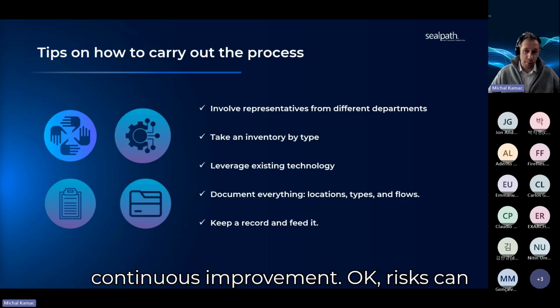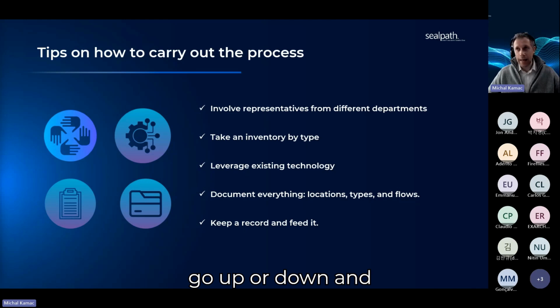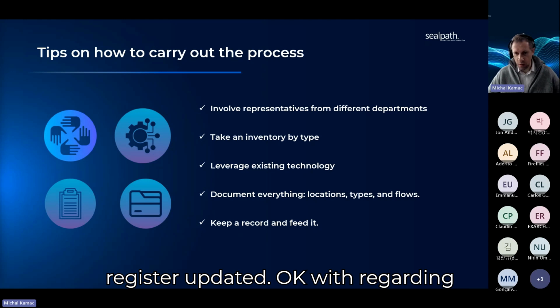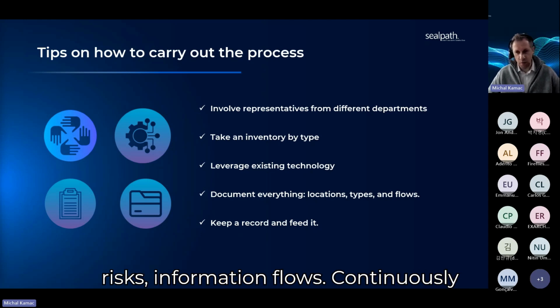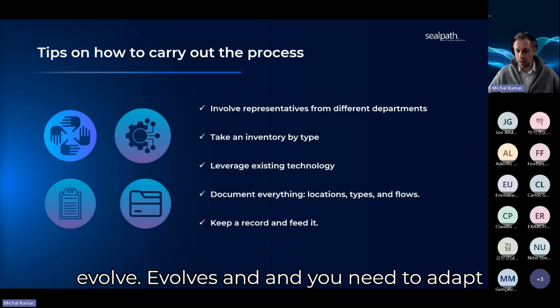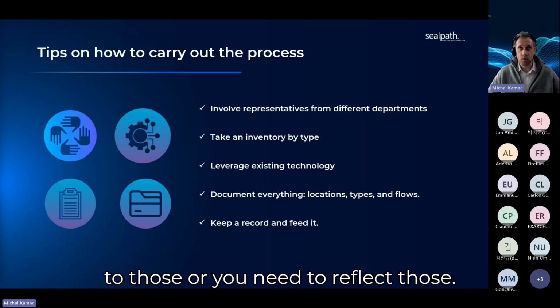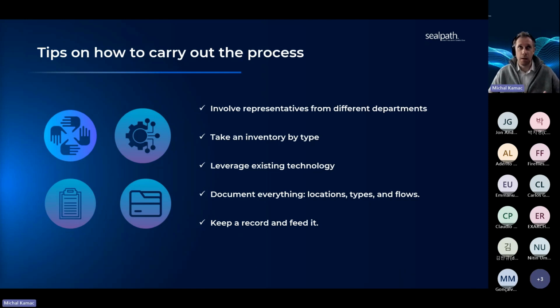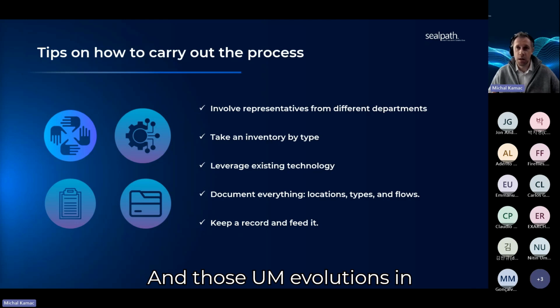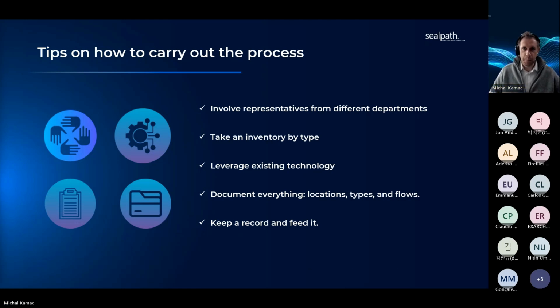Okay, risks can go up or down, and you need to keep your register updated. Okay, with regard to risks, information, the flows, it continuously evolves, and you need to reflect those evolutions in your repository.